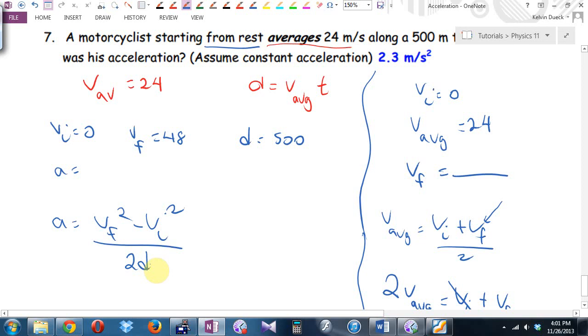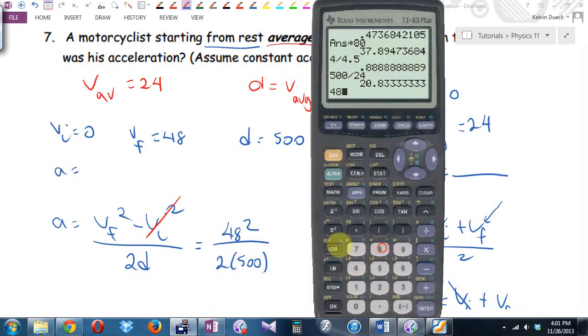Which, oh, and VI is 0. So it's going to be VF squared divided by 2 times 500. Please tell me that works. This is my fault. I should have read the question, Carly. And how about also not typing an extra 0? Yay! 2.304, or 2.3 meters per second squared.